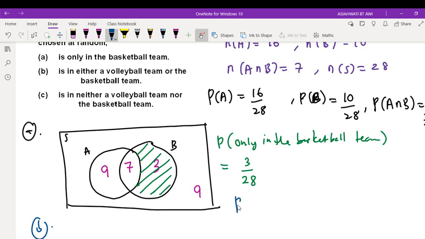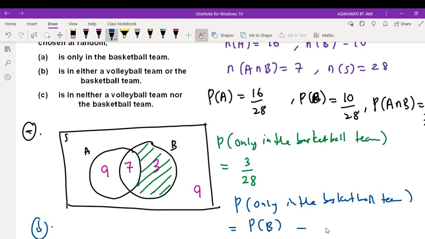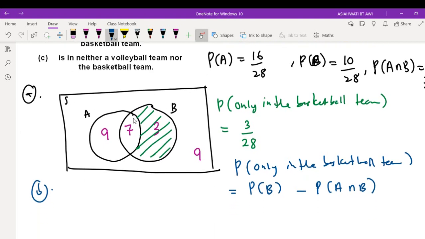Or P of only B, only in the basketball team, means P of B minus P of A intersect B. We need to use minus this part because we want only those who play in the basketball team, not both.